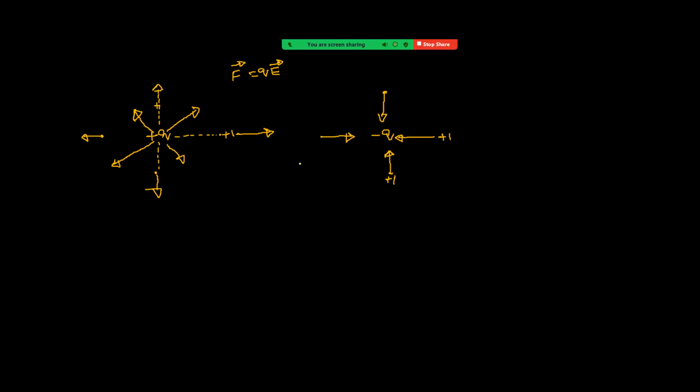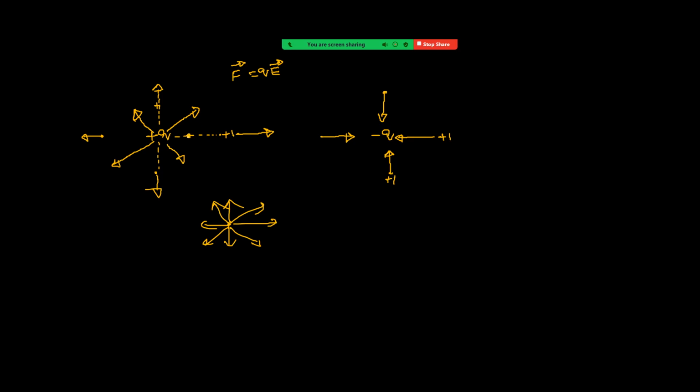Now see carefully. When you take a positive charge, field lines are radially outwards. If you observe carefully, the force by this charge is more if the positive charge is closer to the charge, right?